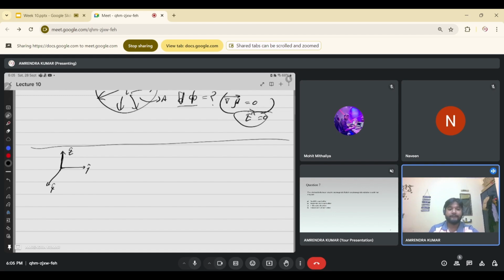Now, from what we can understand from here, what was the picture that I showed you in the earlier slides? Let me go back to that picture again.